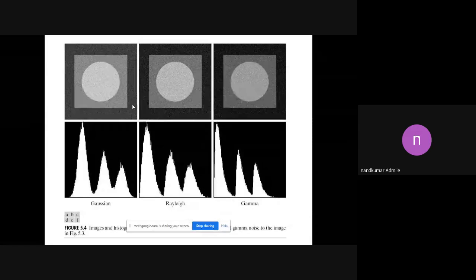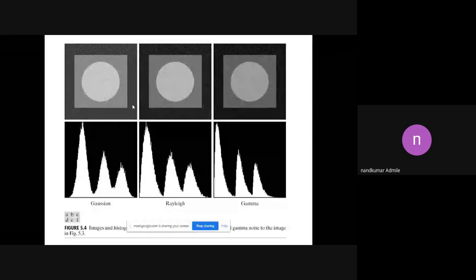Second is the Rayleigh noise. Third one is the gamma noise. So this is the graphical representation of the noises. So I have observed the plots of the noises this way, guys. Yes, have you observed it?